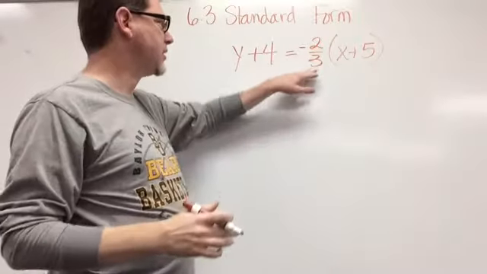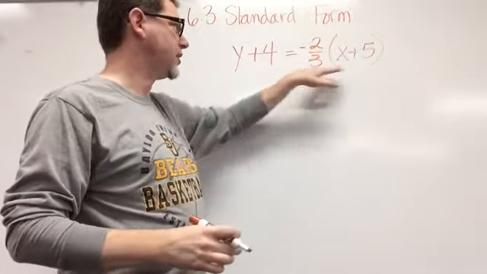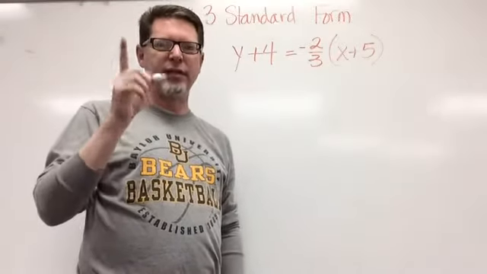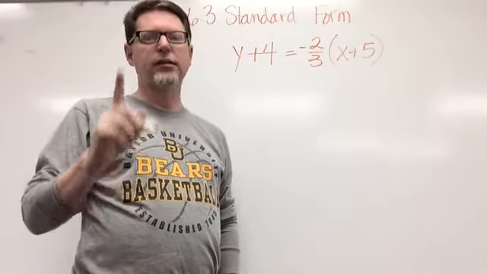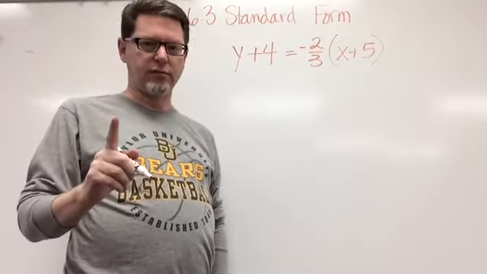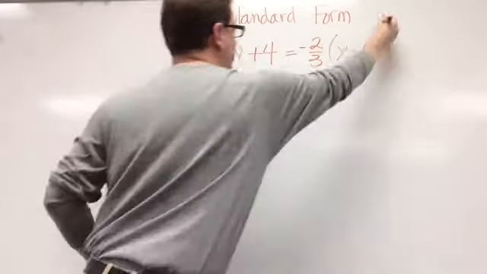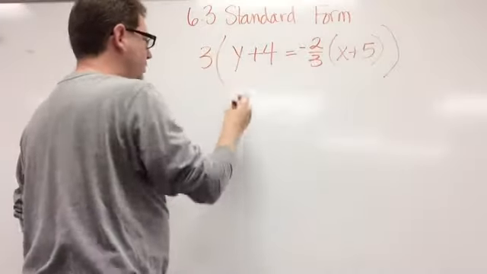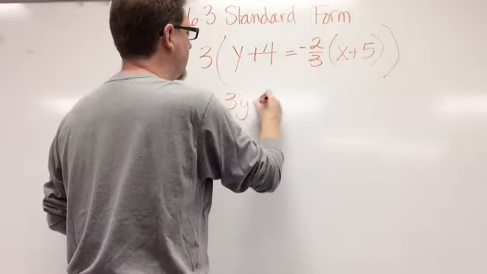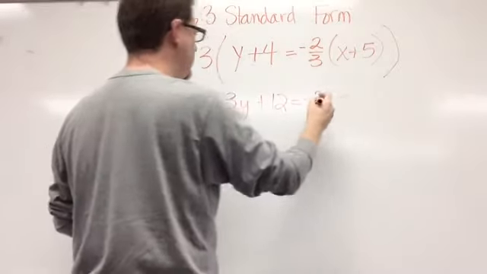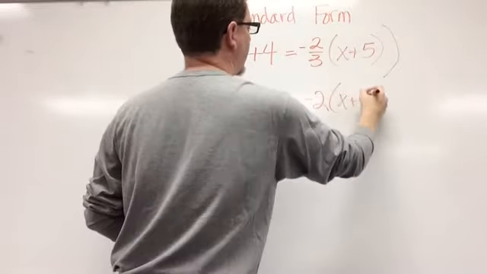Well, right now, instead of trying to multiply this and create some kind of crazy fractions, I could go ahead and multiply by the denominator first to get rid of the fraction. So I'm going to multiply everything by 3 now. And so I get 3y plus 12 equals negative 2 times the quantity of x plus 5.